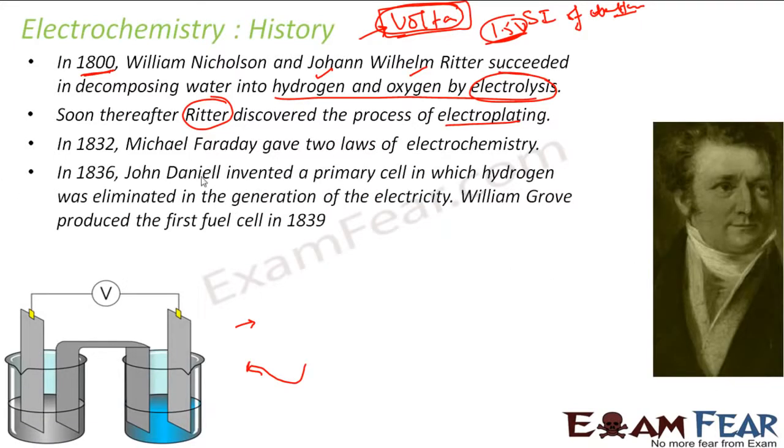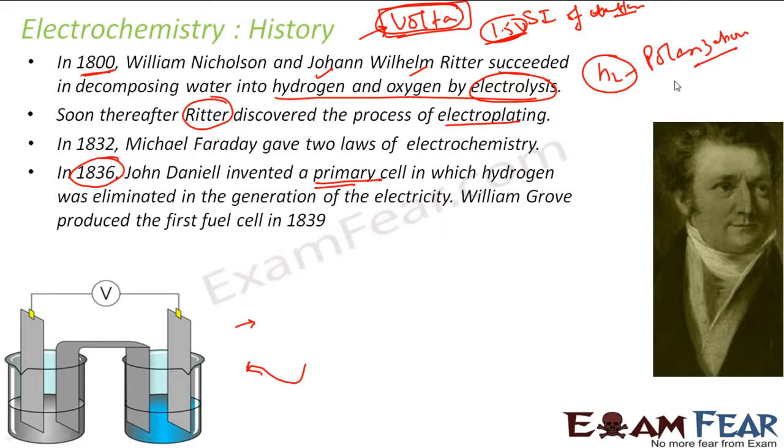And then John Daniel in 1836 invented the primary cell. So the earlier issue with the Voltaic pile, which I'll explain, was that hydrogen gas was bubbled actually, and that leads to polarization of the battery. I'll tell you what is polarization of battery, right?